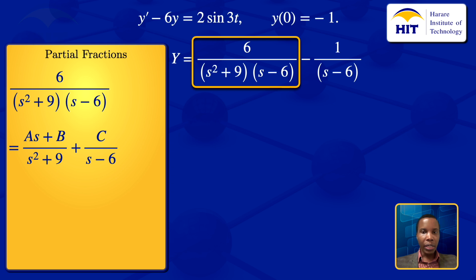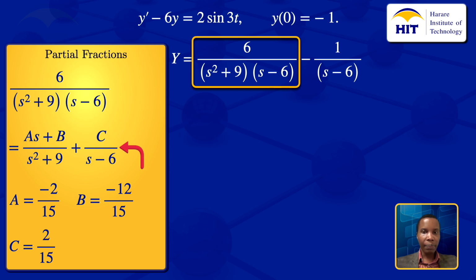When we then go on and find the values of A, B, and C, we will see that A is equal to minus 2 over 15, B is equal to minus 12 over 15, and C is equal to 2 over 15.